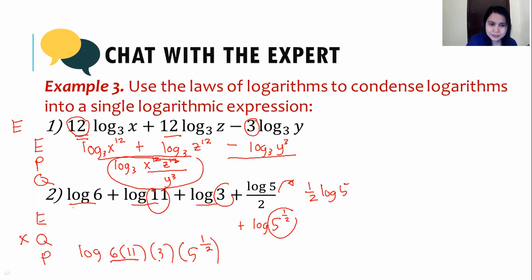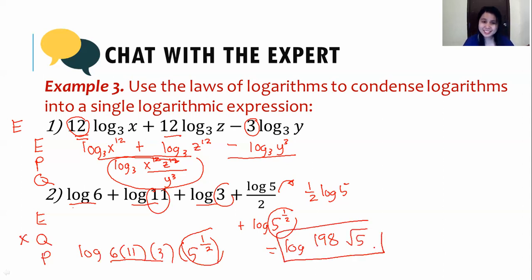We just multiply these wholes. We have log 198. Write this in radical sign, square root of 5. Any questions? No questions? I'll go to the next one, okay?